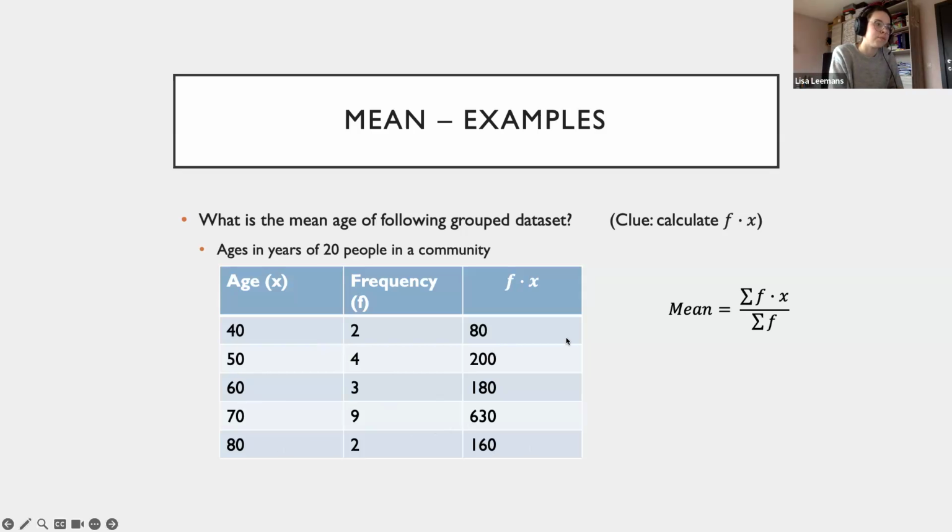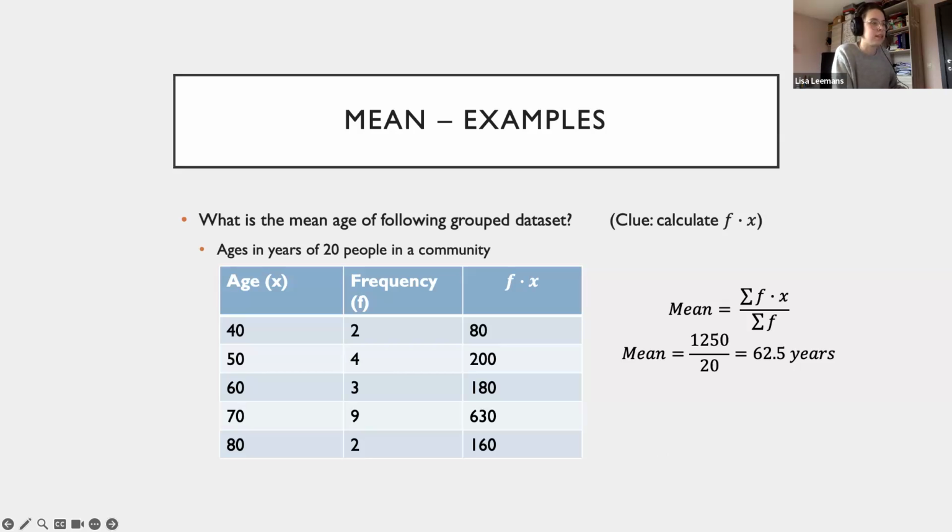So that gives us 1,250 as the numerator, and then the denominator, the summation of all our frequencies. We knew that we were working with 20 people in our community. So that gives us the divide by 20, and then we have 62.5 as our answer for this mean.